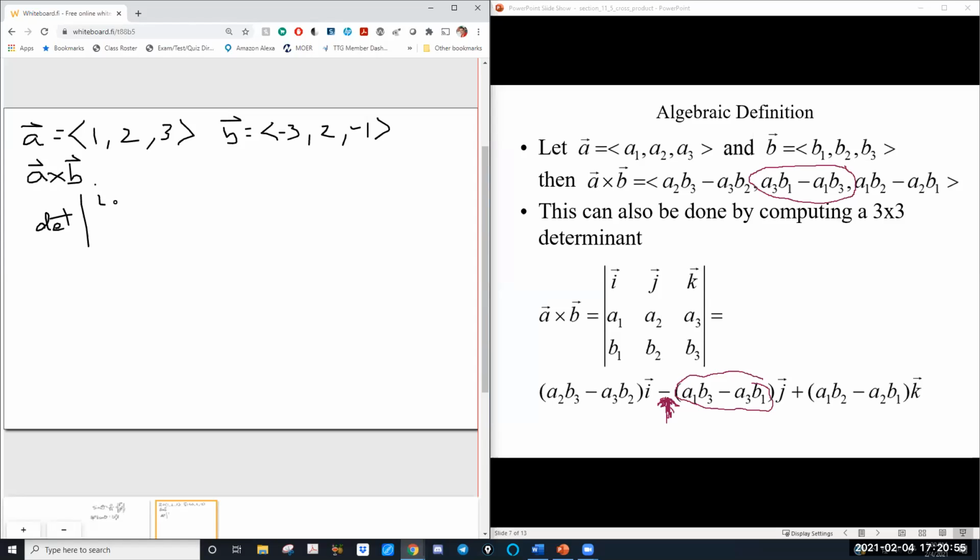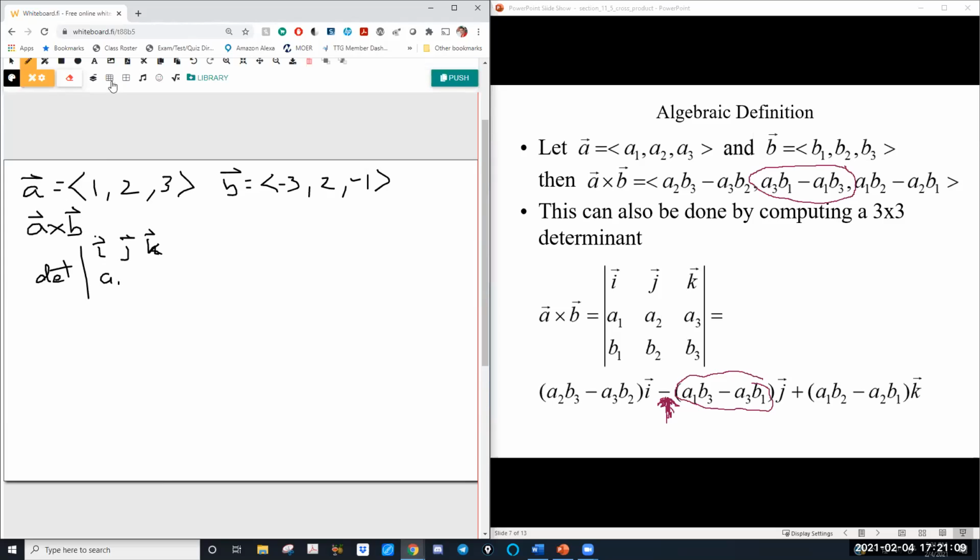You have I, J, K. For those of you who've done linear algebra, you've seen this before. We're putting the components of A here: 1, 2, 3, and then B is going to go in here, -3, 2, -1.